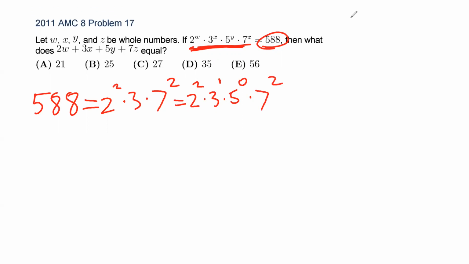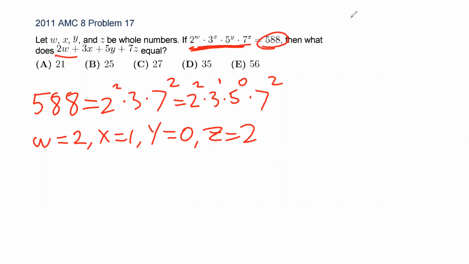And now we can directly compare terms, and we see that w is equal to 2, x is equal to 1, y is equal to 0, and z is equal to 2. So they're asking you for this expression, and 2 times w is 4, plus 3x is 3, 5y is 0, plus 7z is 14, and that should give you 21, which is A.